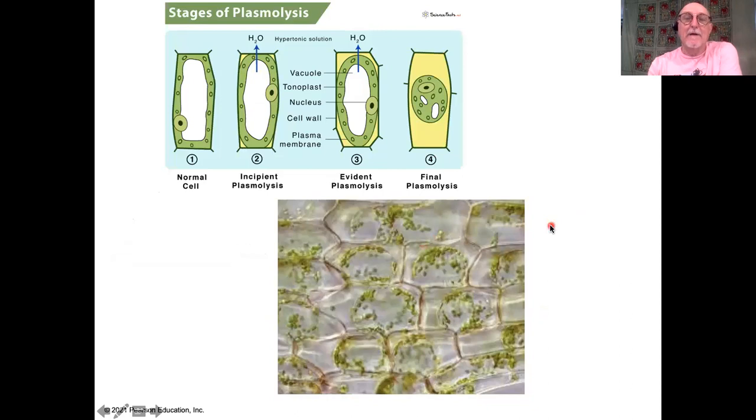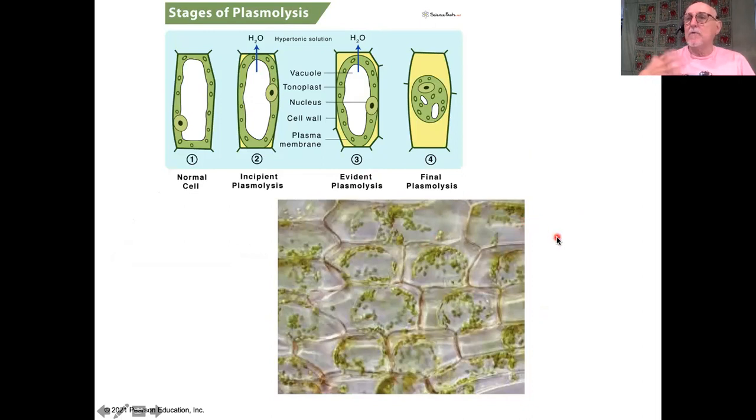How about plants? Well, I have hinted at this already, but I'll tell you about this because I think you may do this in lab. This is a very common freshwater plant called Elodea.